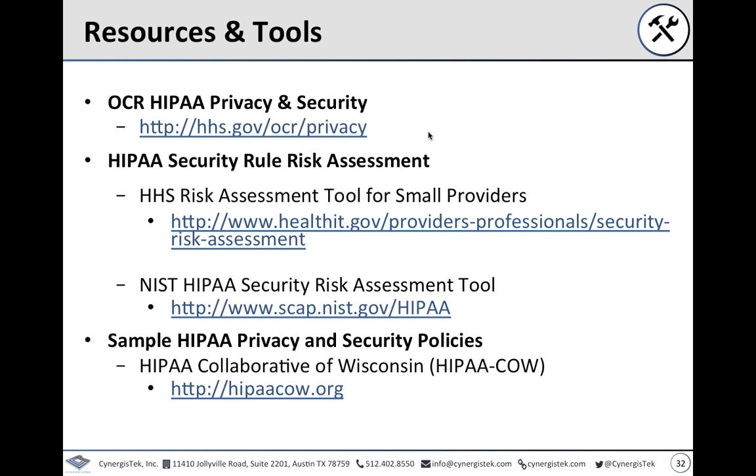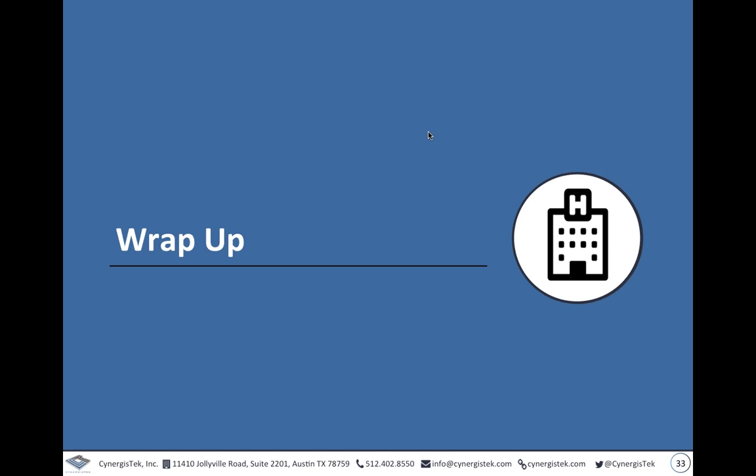The two risk assessments: one is a tool that's specifically geared for small providers and smaller business associates, generally an organization that has 15 or fewer workforce members or healthcare providers who are going to be accessing information can use the risk assessment for small providers. If you're a larger organization, you should attempt to use the HIPAA security risk assessment tool that's available through NIST.